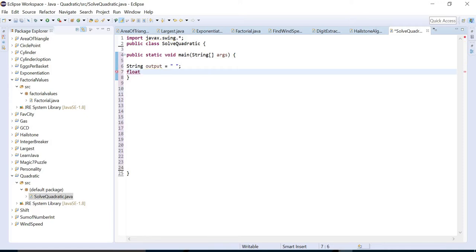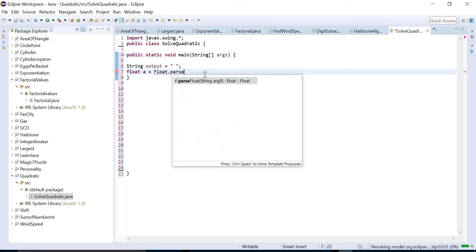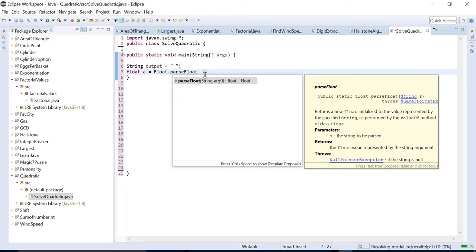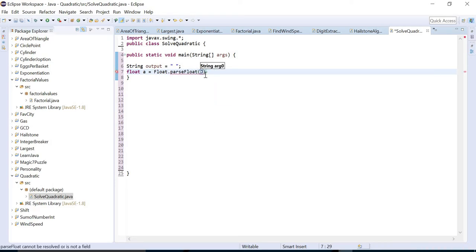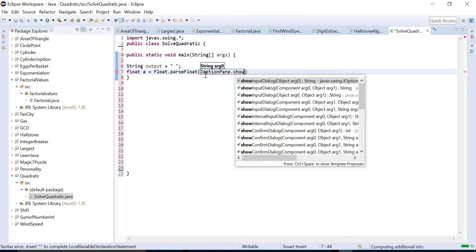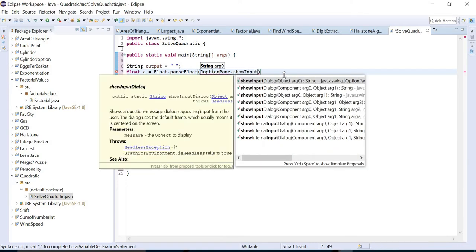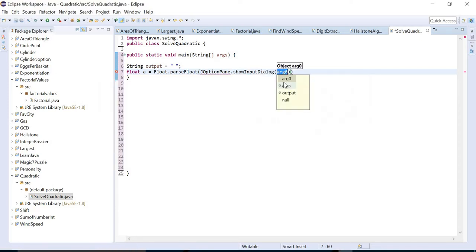Float a equals Float.parseFloat(JOptionPane.showInputDialog( What does this do?